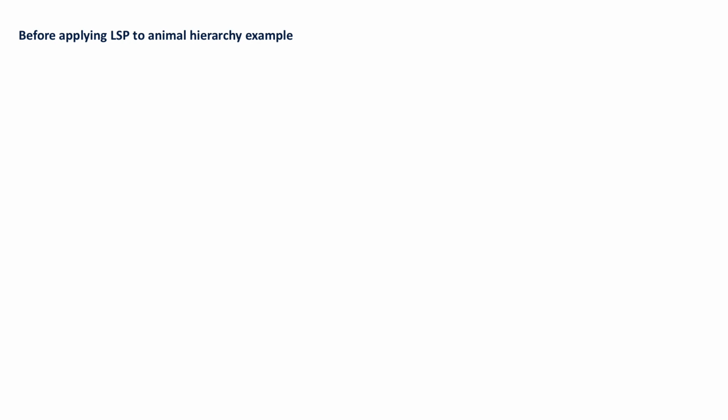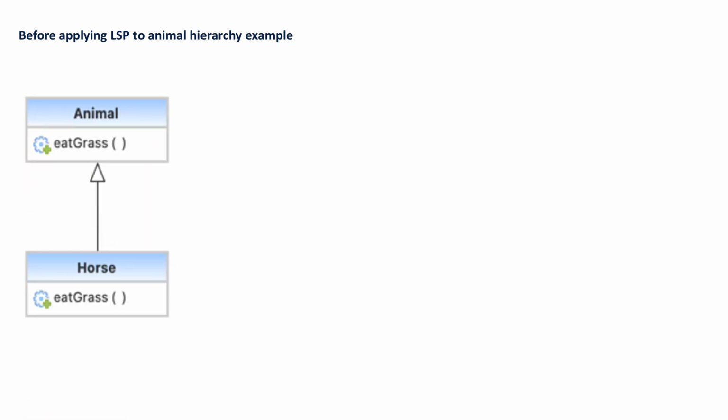In this zoo application, there is an Animal class which has the eat grass method, and the Horse class has inherited the Animal class and overridden the eat grass method. Now in the zoo application we have another type of animal, which is Lion.